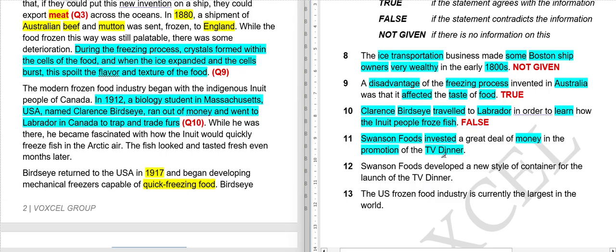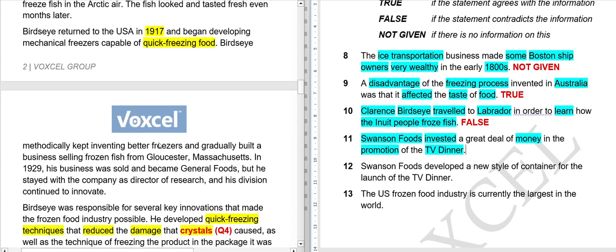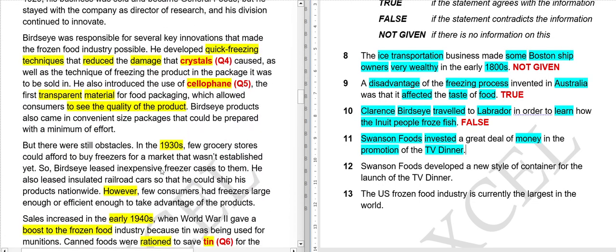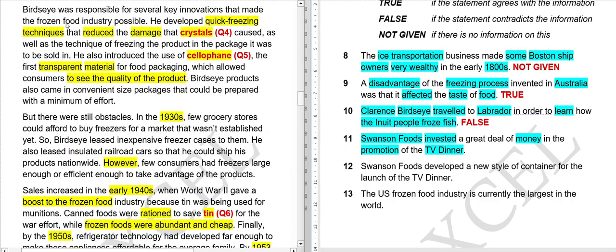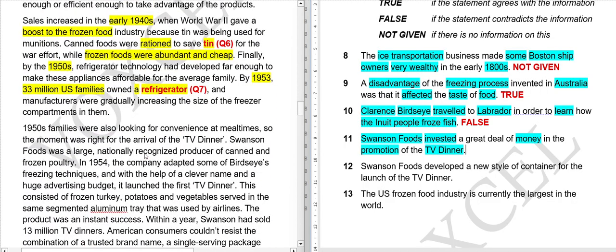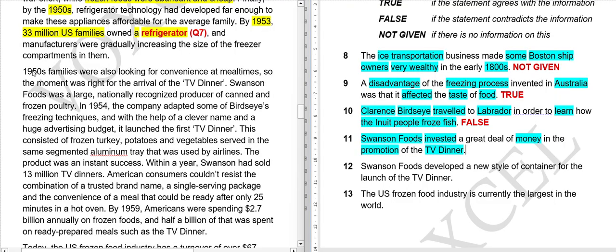If it is in capitals, it should be the name of some dish or some product. They spent a lot of money on promoting this particular product. Up till here, we haven't read anything about Swanson Foods or TV dinner, so we do not have to read it here. We'll go forward from here.